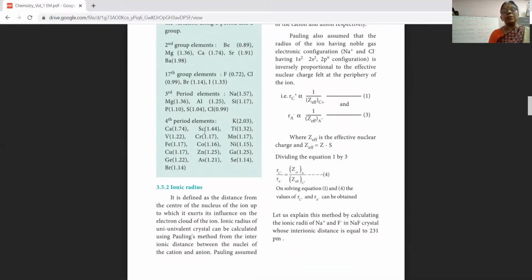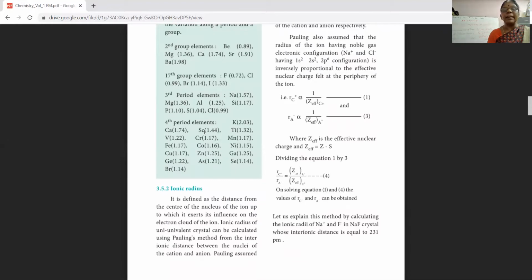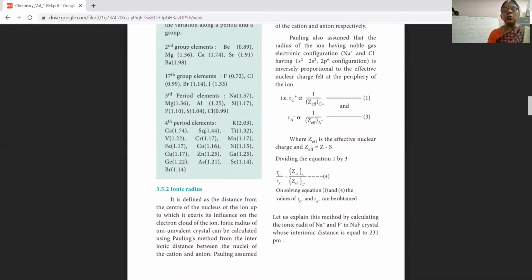Pauling also assumed that the radius of an ion having the noble gas electronic configuration, that is Na+ and Cl- with the 1s2 2s2 2p6 configuration, which is the configuration of neon, is inversely proportional to the effective nuclear charge.